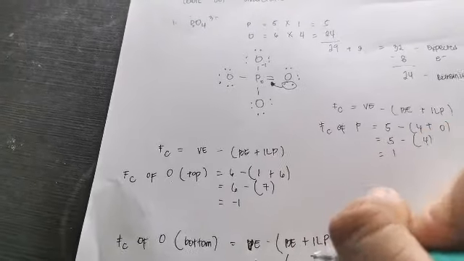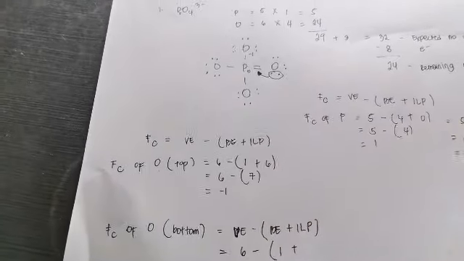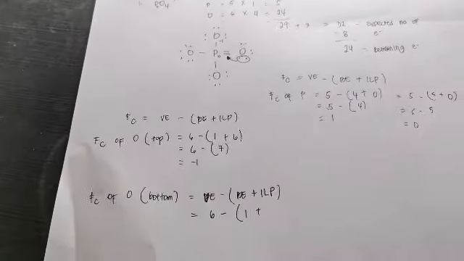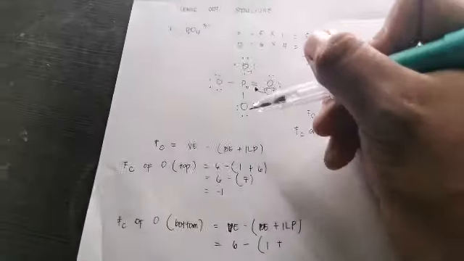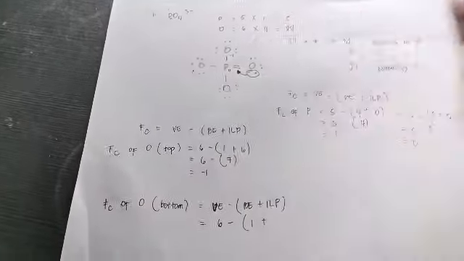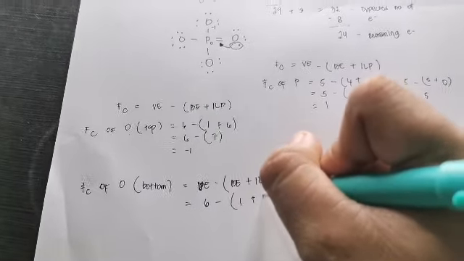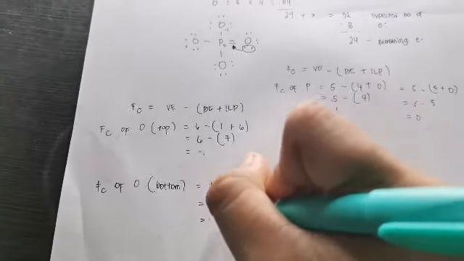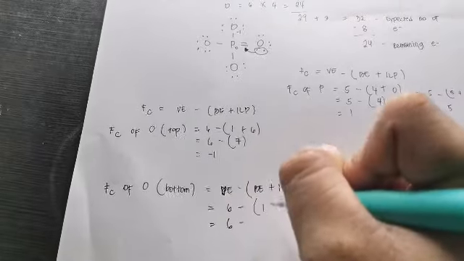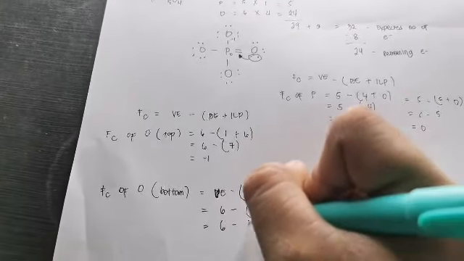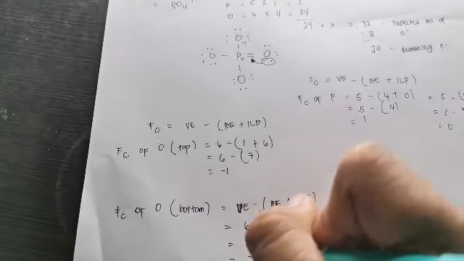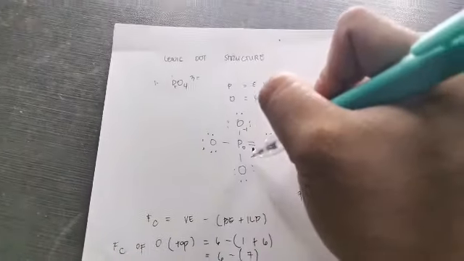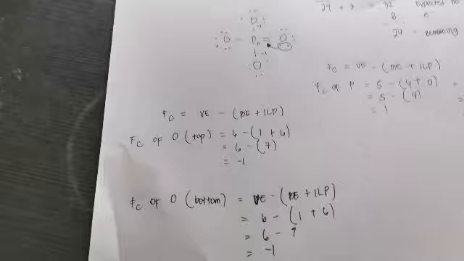So put 1 plus how many individual lone pairs do you have? You have 1, 2, 3, 4, 5, 6. So you have put 6 there. So you have 6 minus 7. So 6 minus 7, you have negative 1. So put here, negative 1.